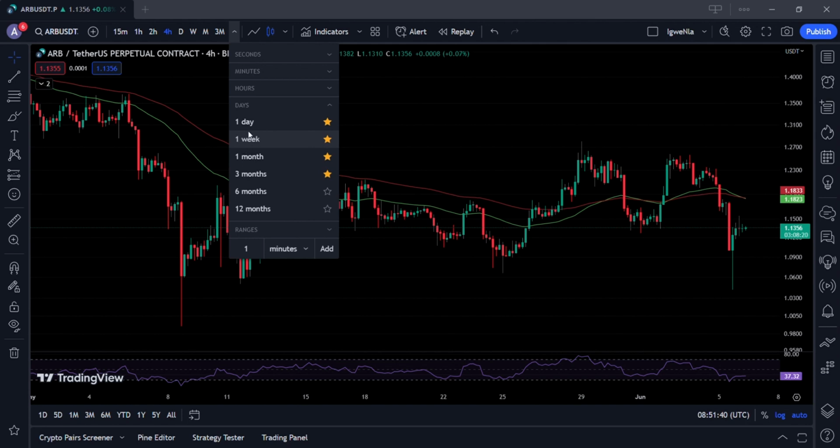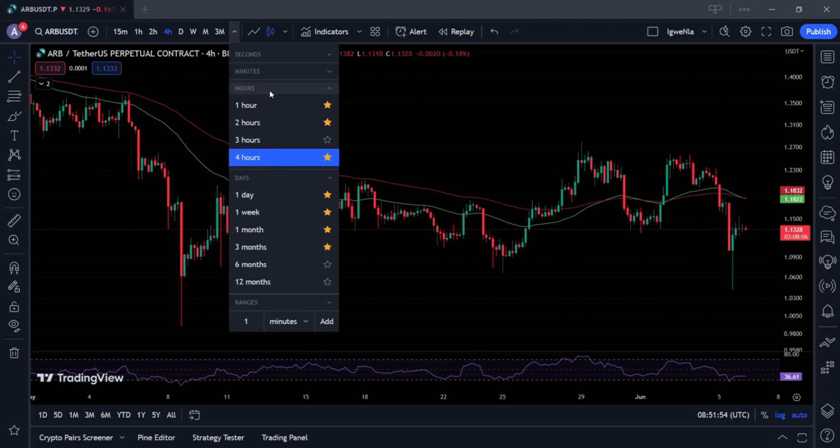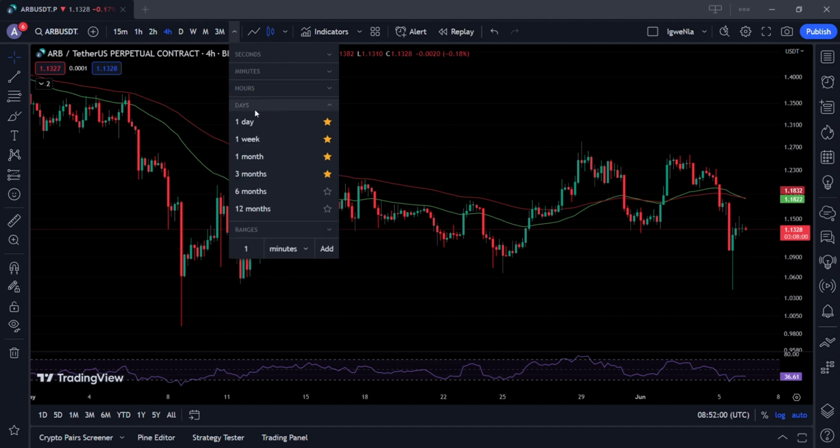Favorite these two. You get that now? Just click on this star, and it's going to be favorited. That is it about the time frames. If you want to favorite any other thing, just favorite them yourself.